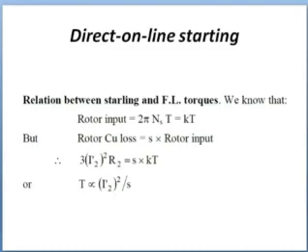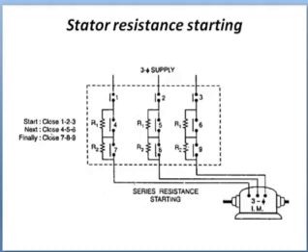induction motor. Now, the next methodology is stator resistance starting. In this stator resistance starting, how can we minimize the starting current? We will connect a resistance between the motor and the supply.